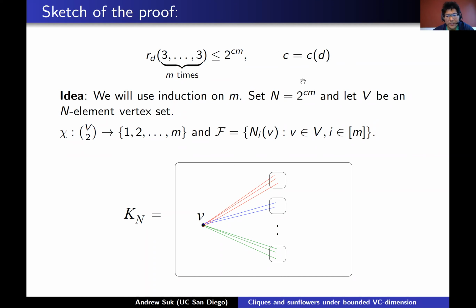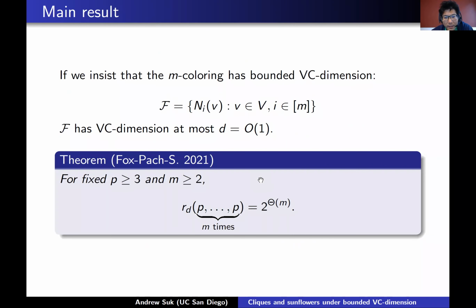So I believe it's exponential in p. Hold on, how do I go back? So I believe it's exponential in p in the exponent. Hold on, there's another. Okay, thanks. Okay, any other questions?